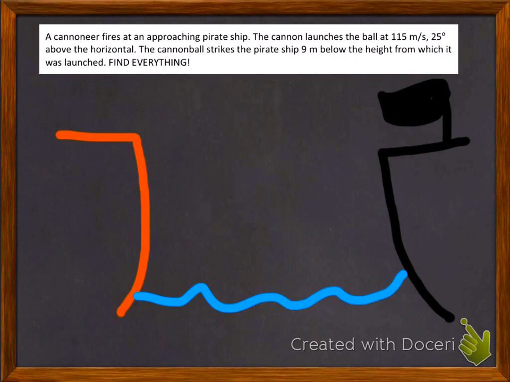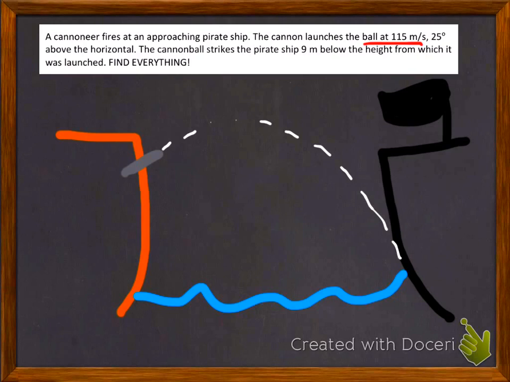The first piece that we're given is that the ball is launched at 115 meters per second. So if we have our cannon right here, then it will launch the ball like this.